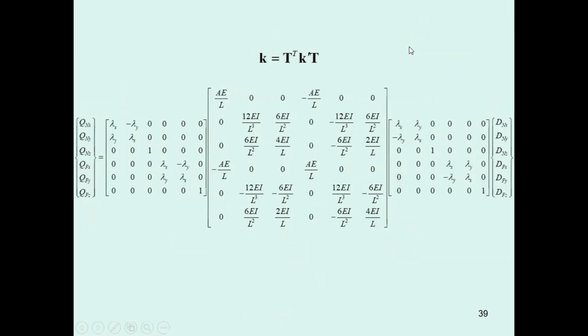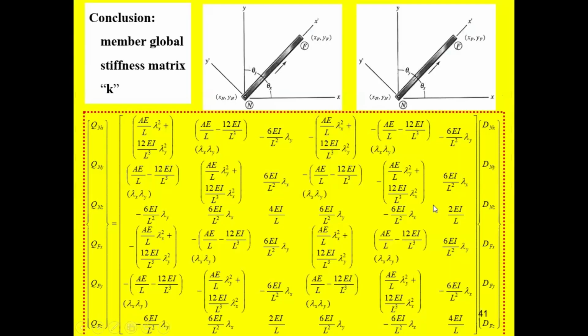And then at the end, you multiply them, you get this one as the answer, related to capital Q, and then to the capital D. This is the same form as the small k matrix when we talked about the truss. However, it is a lot more complicated. Don't worry, Ajahn will provide this one for you.